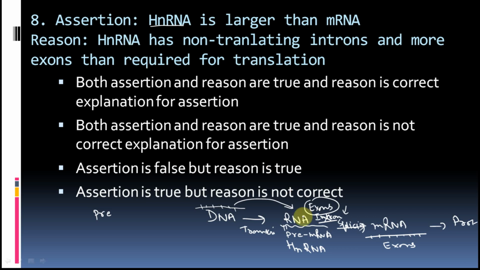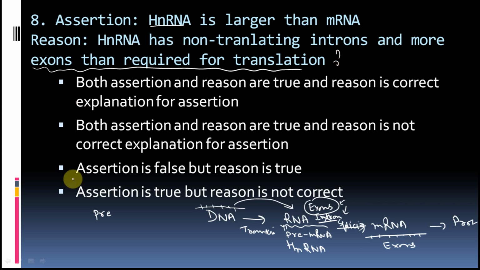So they are saying that HnRNA has non-translating introns, which are the non-coding portions, and more exons than required for translation. This little bit is not convincing, whether it contains more exons than required for translation. This is just a question mark, although till here it is correct.